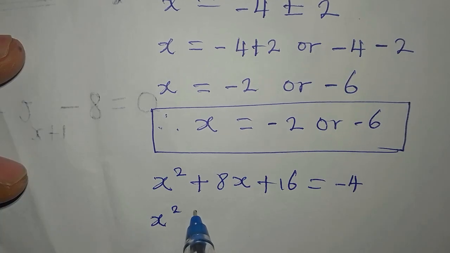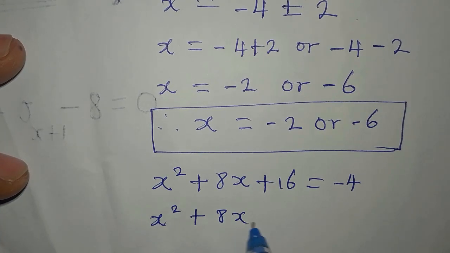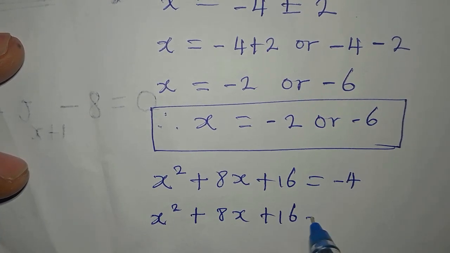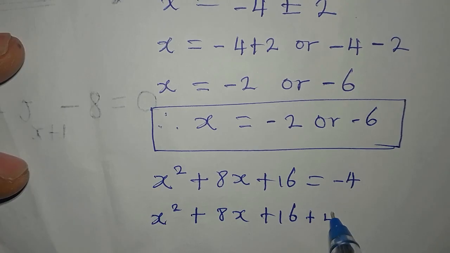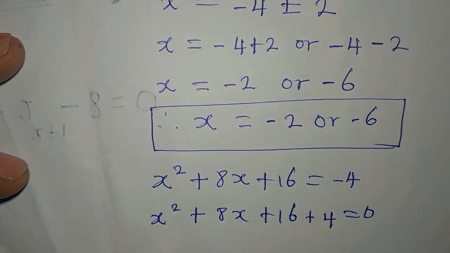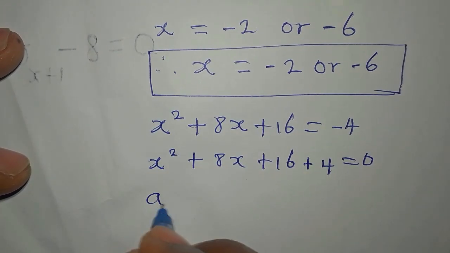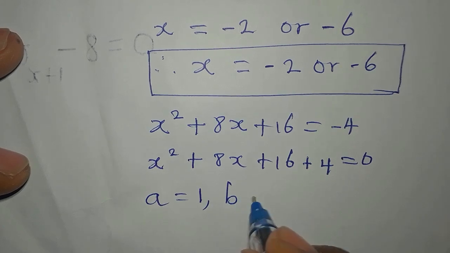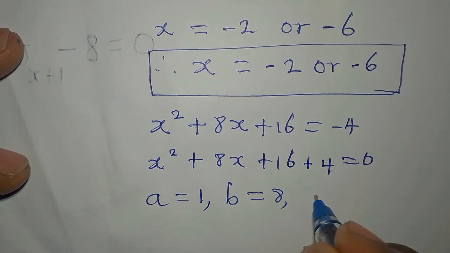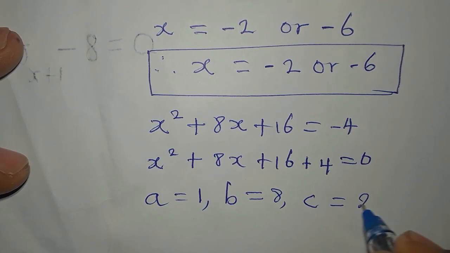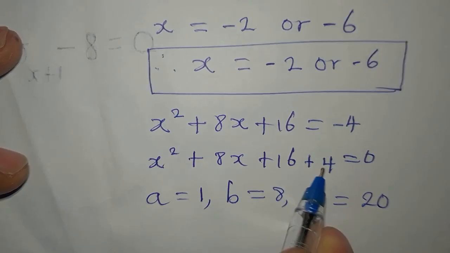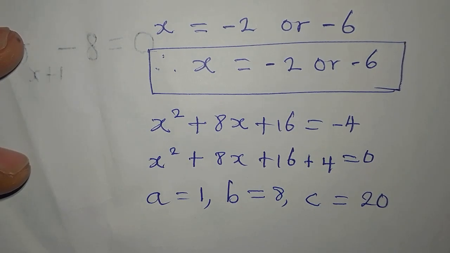And then we have x squared plus 8x plus 16 plus 4 equals 0. This time around our a is 1, our b is 8, and our c is equal to 20. Because I'm supposed to add these two. 16 plus 4, that is 20.